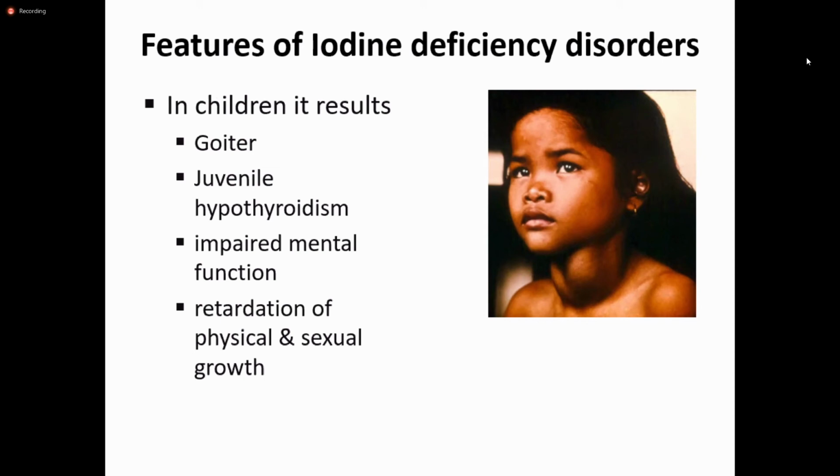Again, the problem of iodine deficiency has reduced because of increased awareness and the implementation of compulsory iodized salt. These interventions have reduced the occurrence of iodine deficiency in our part.